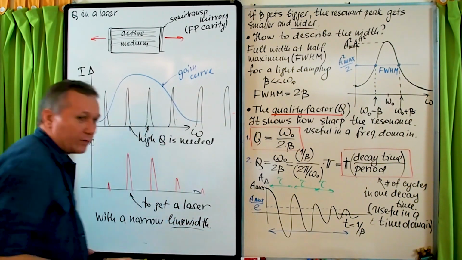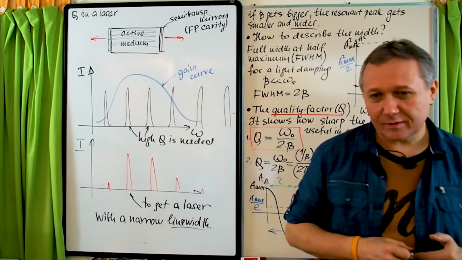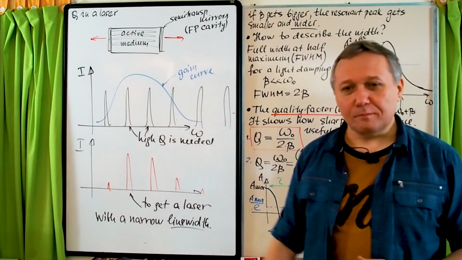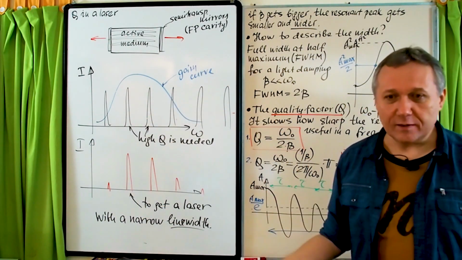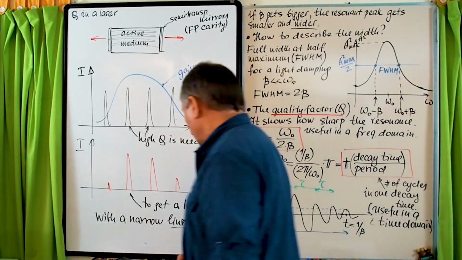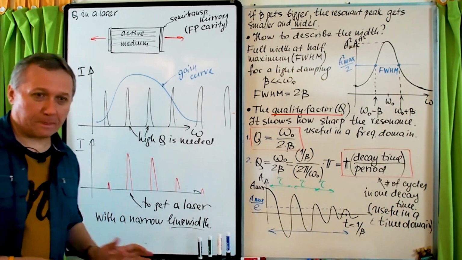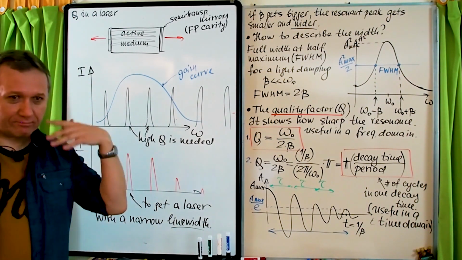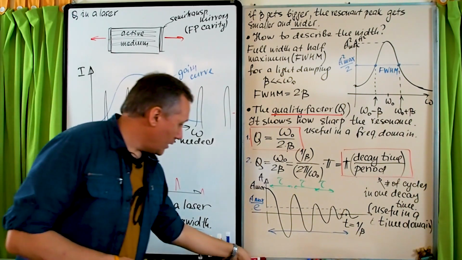If you have a narrow line width, then you don't need to create additional parts of the system to stabilize the frequency, as I said, frequency stabilization or phase locking. In this case, you can use the laser directly without additional parts. So high Q is needed.